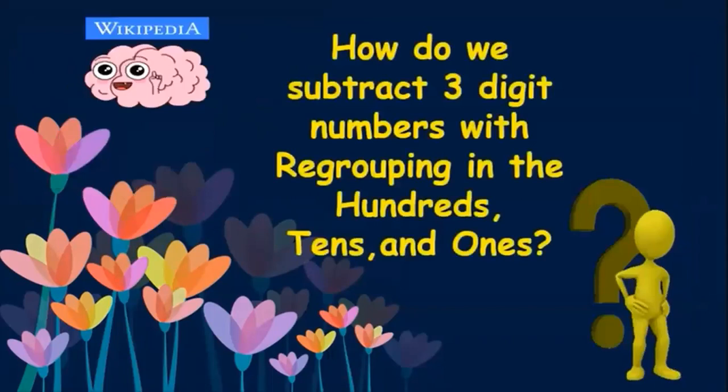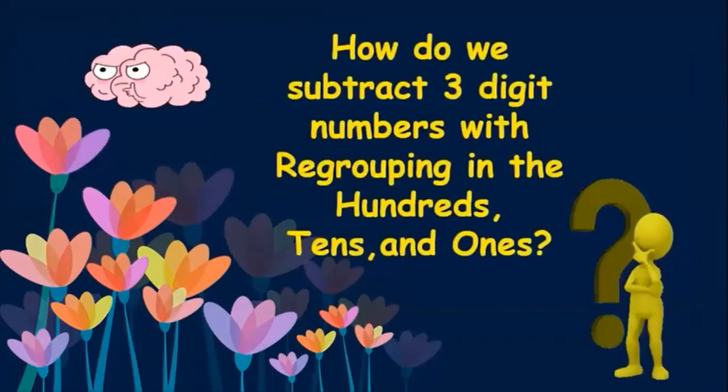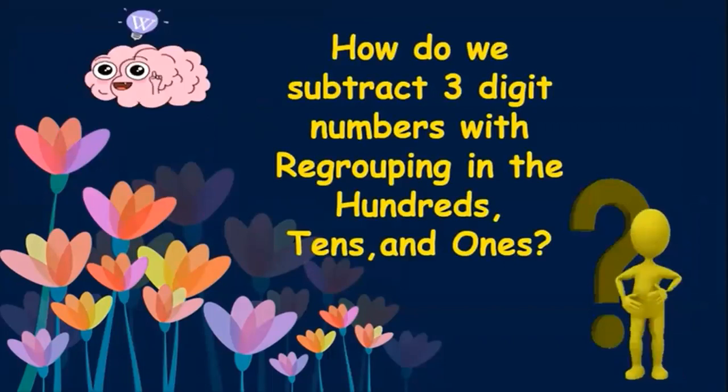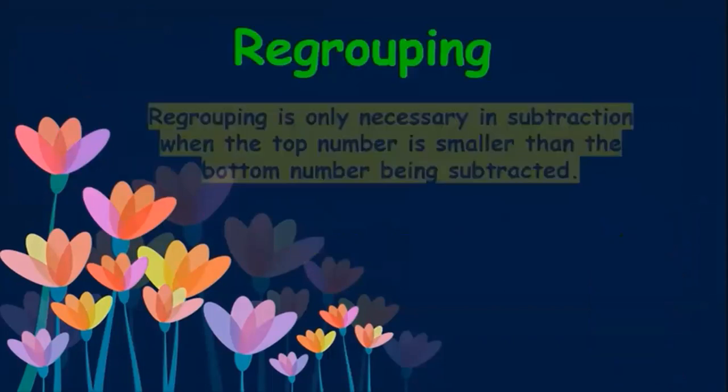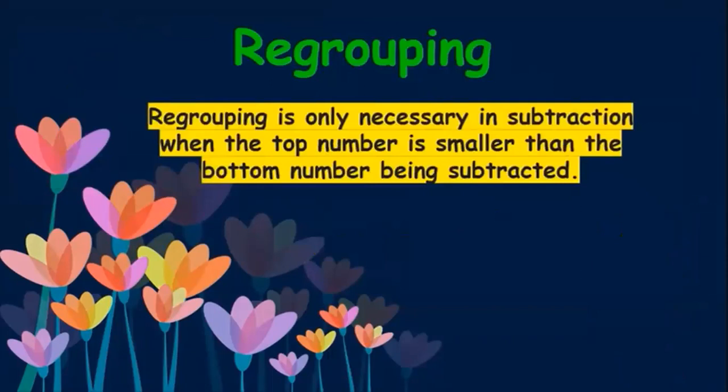But how do we subtract 3-digit numbers with regrouping in the hundreds, tens, and ones? Regrouping is only necessary in subtraction when the top number is smaller than the bottom number being subtracted.